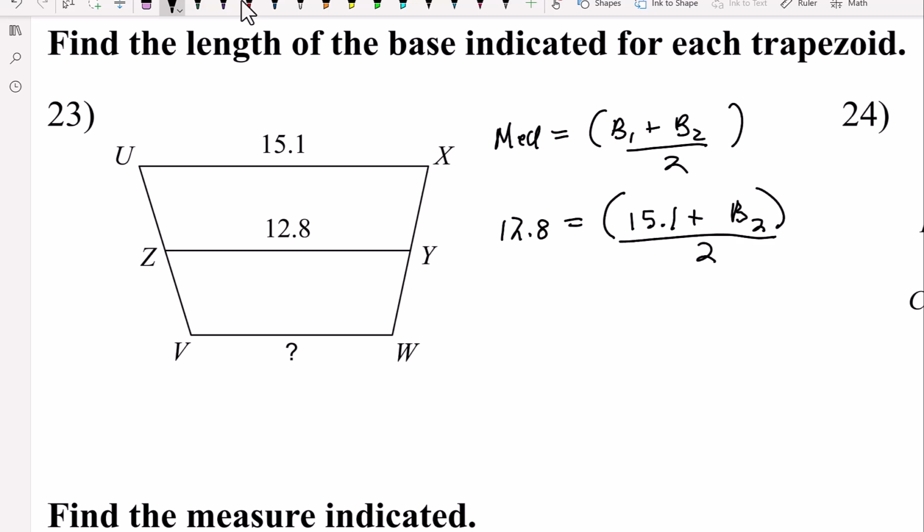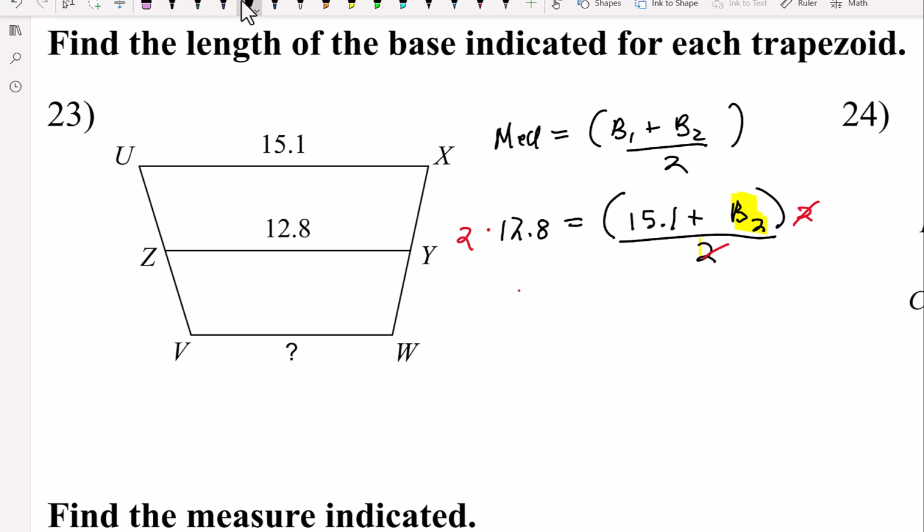And then you have to use algebra skills. To get what's in the parentheses, the B2, by itself, you have to undo everything. To undo a divide by 2, we multiply both sides by 2.